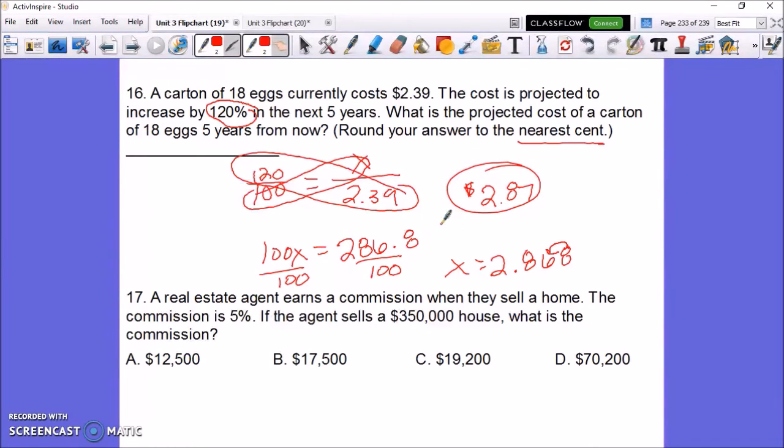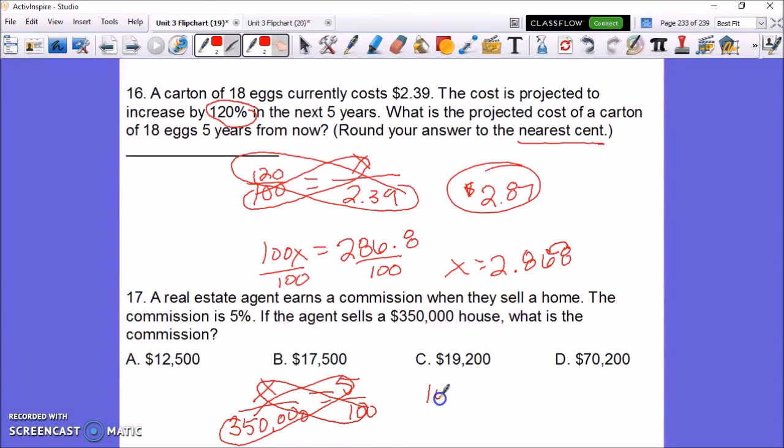All right, 17. A real estate agent earns a commission when they sell a home. The commission is 5%. The agent sells a $350,000 house. What is the commission? So we don't know how much, but we know 5 goes over 100, and the original price goes on the bottom. And then we're going to cross multiply.